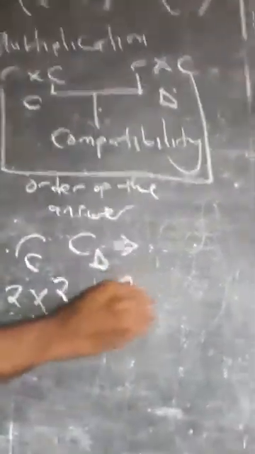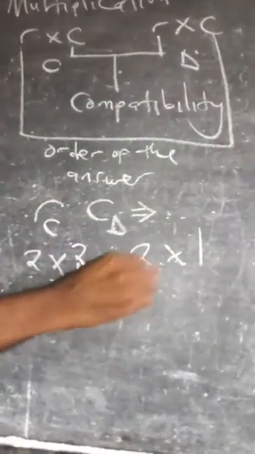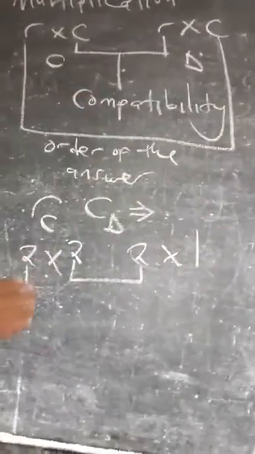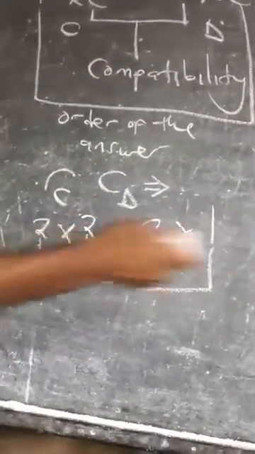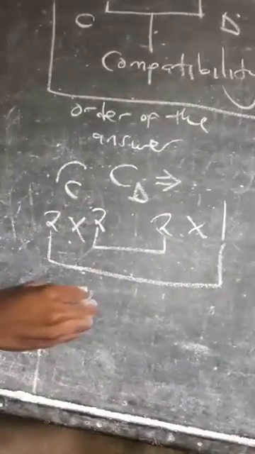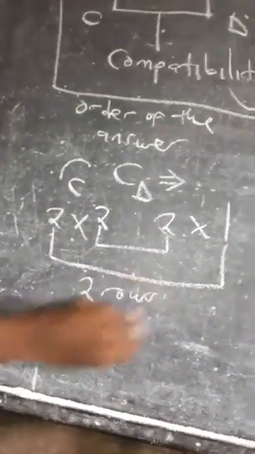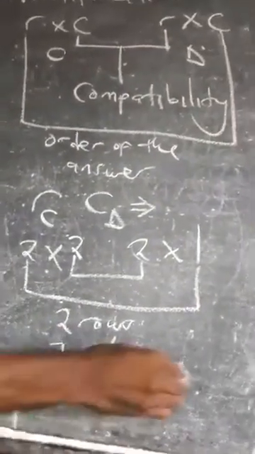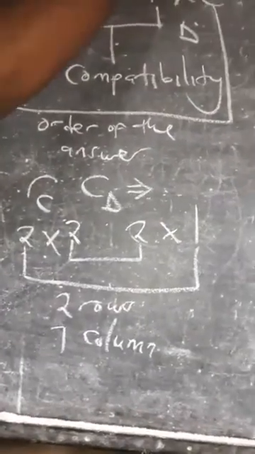There's a 2 there, which means they are compatible. Then 2 by 1 means your answer must have 2 rows and 1 column, so it must be something like D.